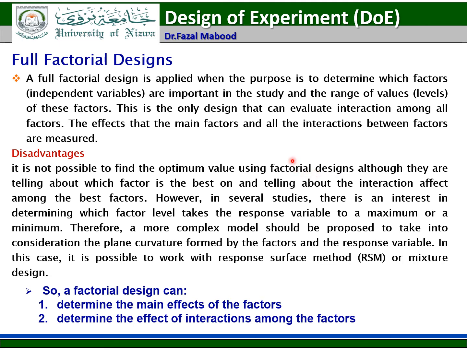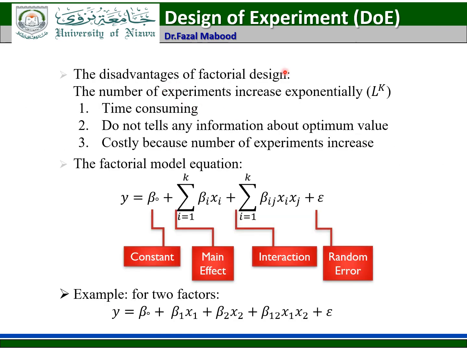With full factorial design, we can see the main effect as well as the interaction effect, but we couldn't find the optimum value. So a factorial design can determine the main effect of the factors and the effect of interaction among the factors. Disadvantages of full factorial design: the number of experiments increases exponentially. Time consuming. Does not tell us any information about the optimum value. Costly because the number of experiments increases.